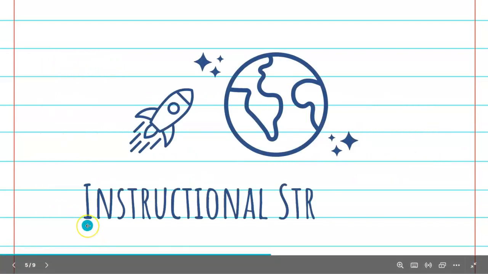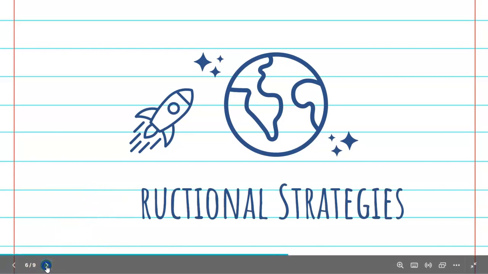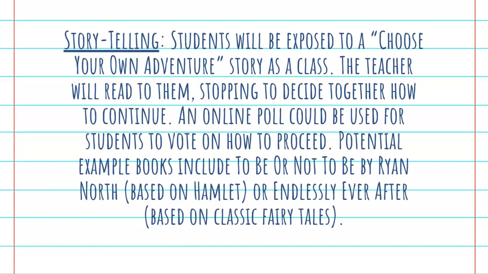So let's talk about a few instructional strategies that you could use if you were planning to do this lesson in your own class. So the first one is storytelling, of course. You would first want students to be exposed to choose your own adventure stories. You might have students in your class who have no idea what that is.